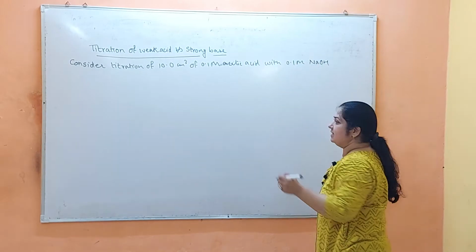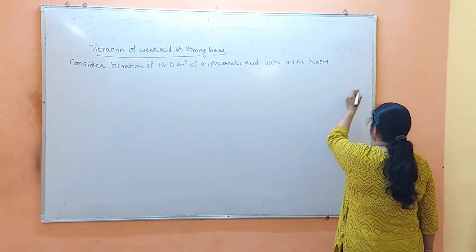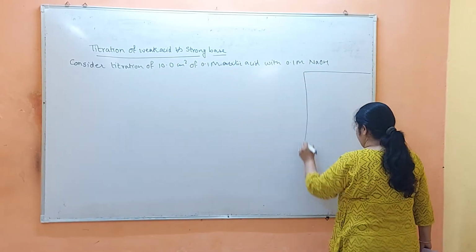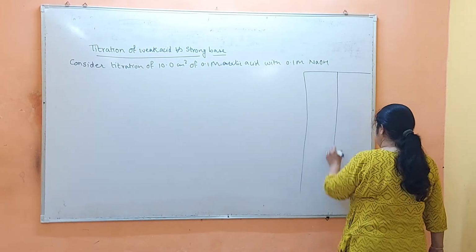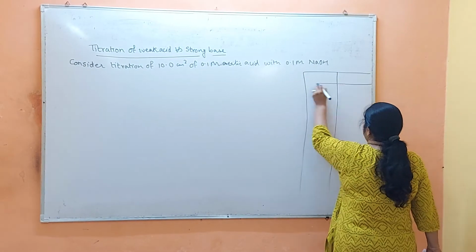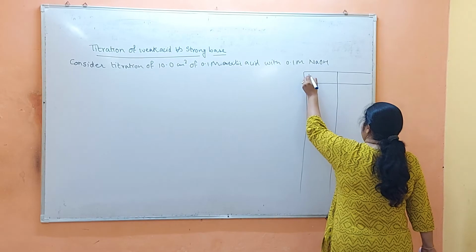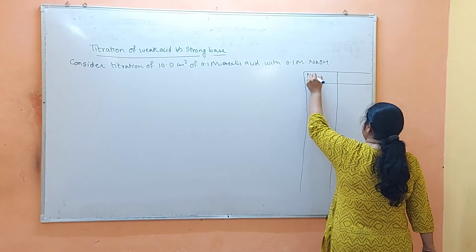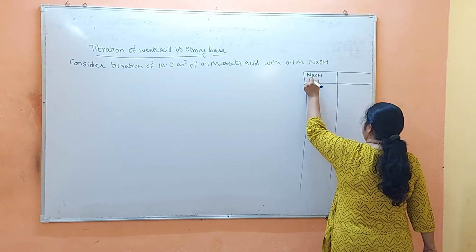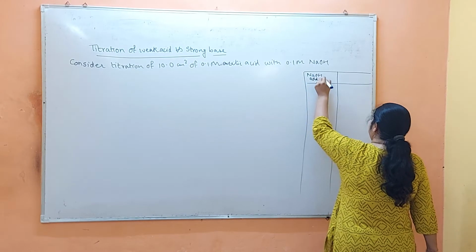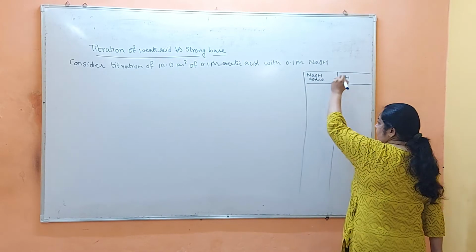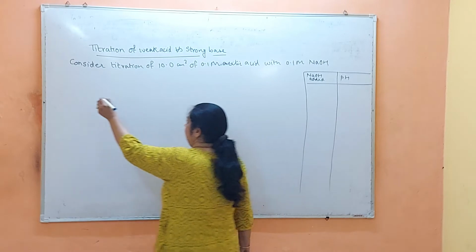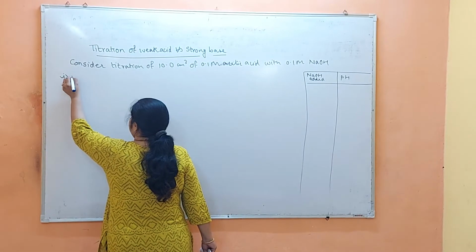So as we did last time, here also we are going to do the same thing. We will write the added amount of NaOH and we will write the pH. Now the first case will be in the beginning.